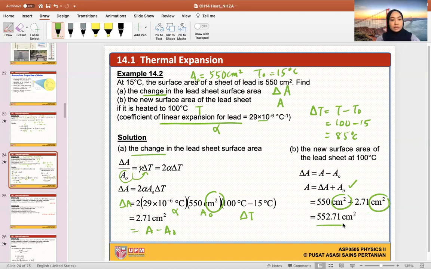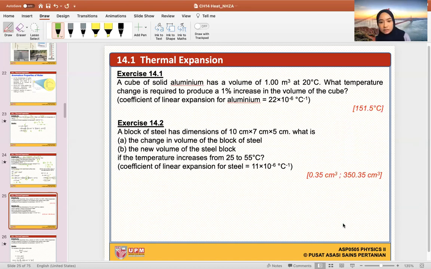So let's do an example. Let's do an exercise. Ada dua kat sini. I've given you the answer. I will call someone out to help me to buat jalan kerja lah. Okay, so I'm going to give you 12 minutes for both questions. And I will call out my lucky winner as usual. So please do your best.